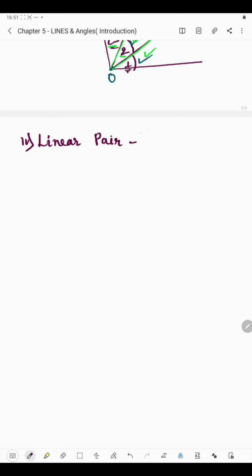Now, what do you mean by linear pair? Angles whose sum is 180 degree. That means if the sum is 180 degree, then it forms a straight line, isn't it? So that forms a straight line.